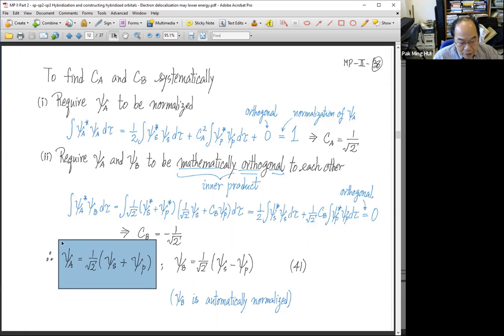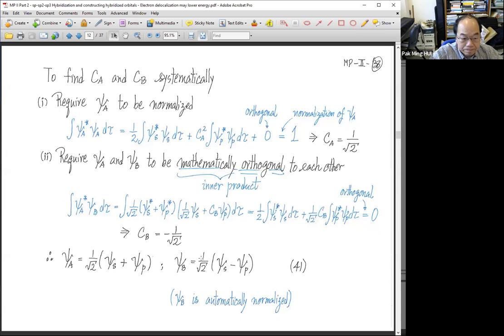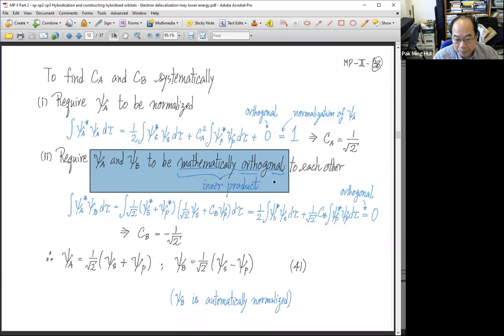Now, secondly, the systematic approach: how to get the other one? After you get phi A, you require that the sp hybridized orbitals are, mathematically speaking, orthogonal to each other. The inner product, or the integration between them, is 0. So we require them to be orthogonal to each other. It's about the inner product, all right?